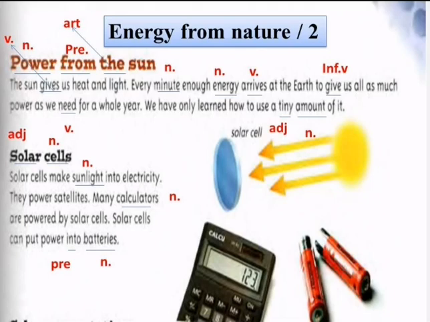Give, infinitive verb, because it is preceded by to. Need, verb. Tiny, adjective. Amount, noun. Solar, adjective. Cells, noun. Sunlight, noun. Calculators, noun. Into, preposition. Batteries, noun.